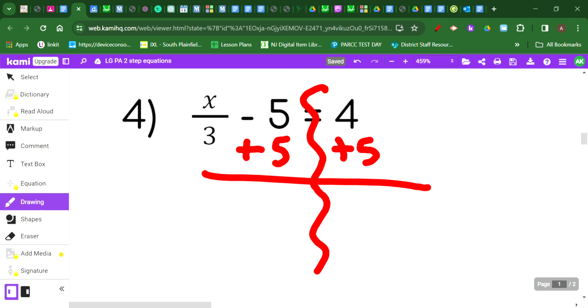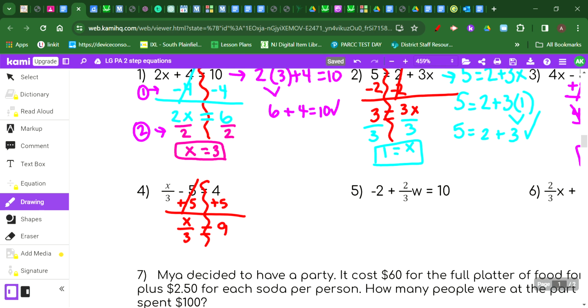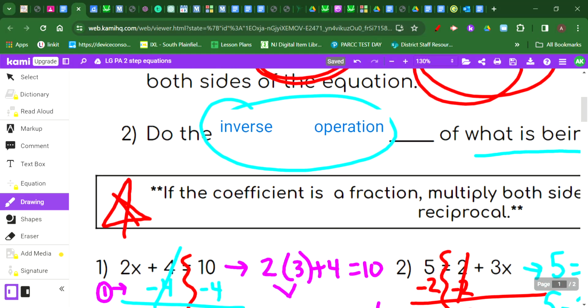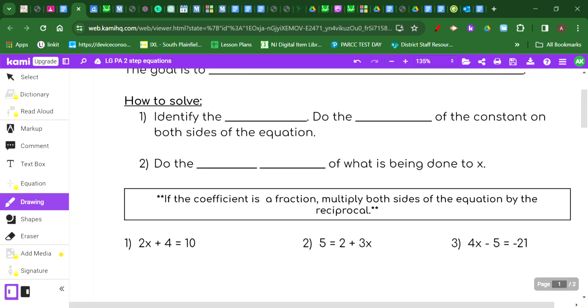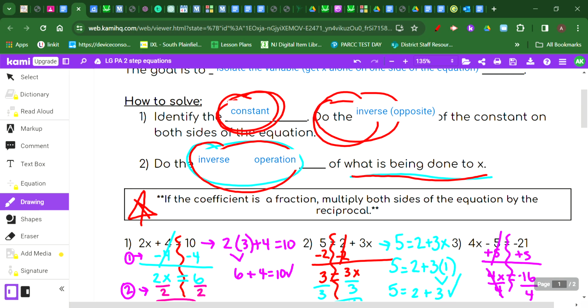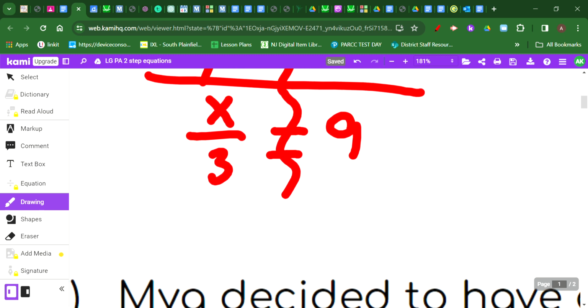Minus 5 plus 5, these cancel out. You're left with x over 3 is equal to 4 plus 5, which is 9. Now at this step, you might want to refer to step 2, which is to do the inverse operation of what is being done to x. Okay, so look at what's being done to x. X is being divided by 3.